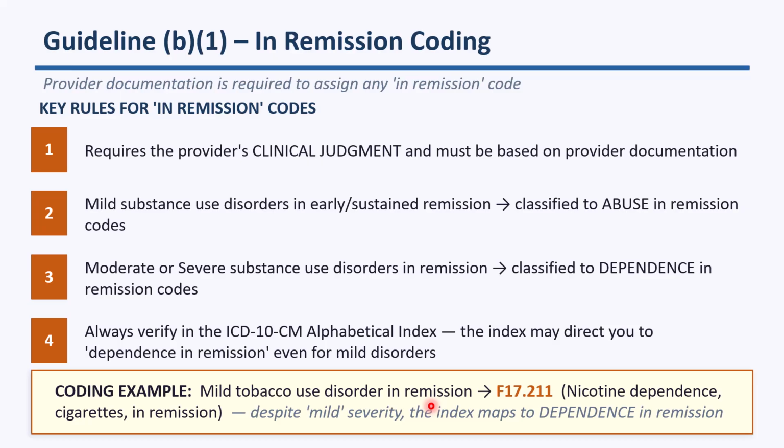Intuition might say that's an abuse code, but when you look at the disorder tobacco use, cigarettes, mild, in remission, in the index, it leads you to F17.211, that is nicotine dependence, cigarettes, in remission. Despite mild severity, the index mapped to dependence in remission. So the classification overrides what you might expect. Always use the index, never assume.